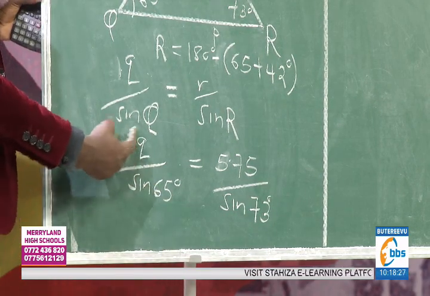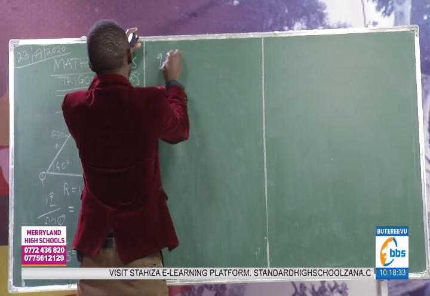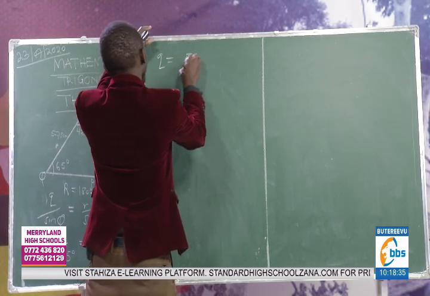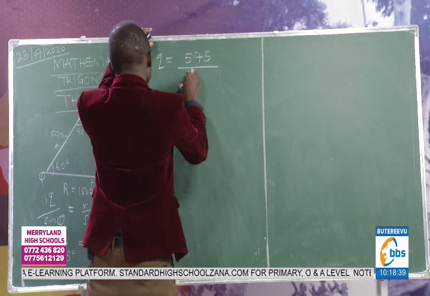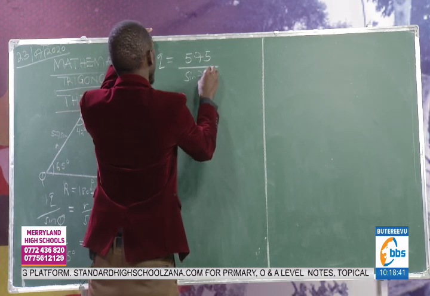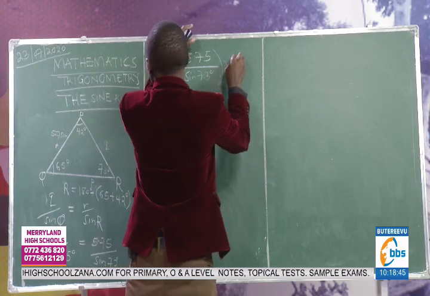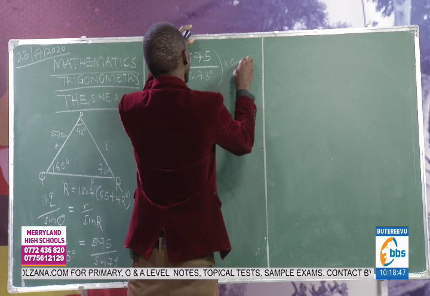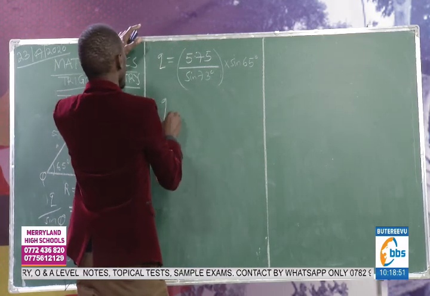So my q will be the same as 5.75 out of sine 73 degrees, then times sine of 65 degrees. This will give me my q.